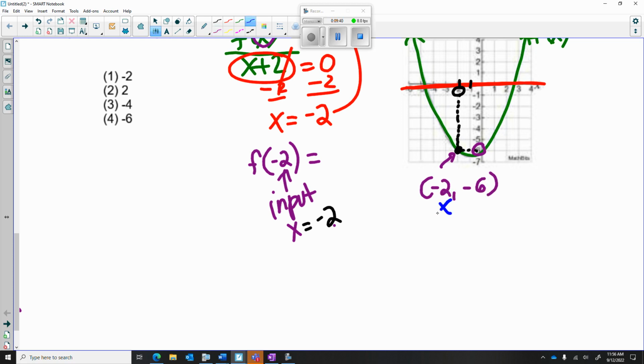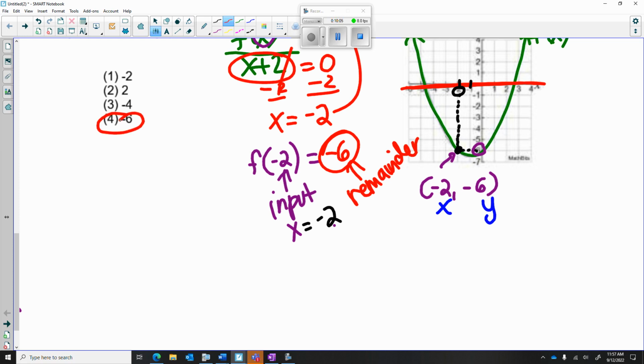The x value is -2, and the y value is -6. So f of -2 is going to equal -6. This means that if I had done the full division, the remainder that I would have obtained would have been -6. And thus, this is not a factor, and there is a remainder.